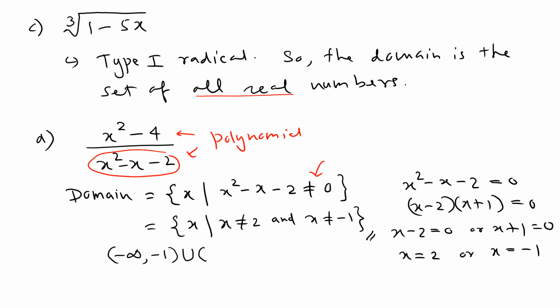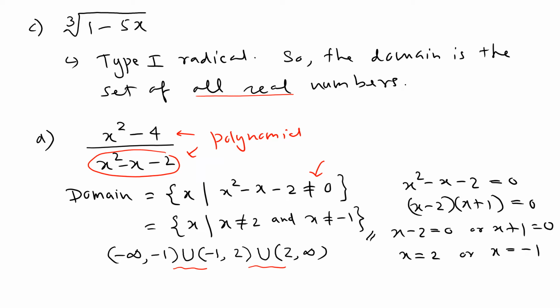Then start at negative 1 again and go to the next larger value, in this case 2, open it again, and put the union. Then start at 2 again and go to infinity. Here we remove the negative 1, and here we remove the 2. That's how you remove two values, or any number of values.